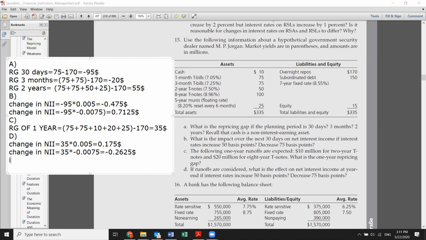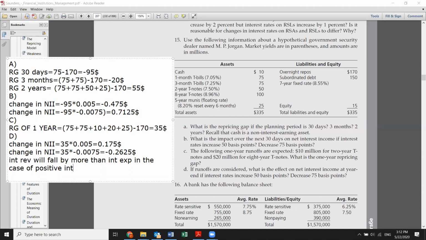So interest revenue will fall by more than interest expense in the case of positive repricing gap if interest rate falls. This is the explanation.